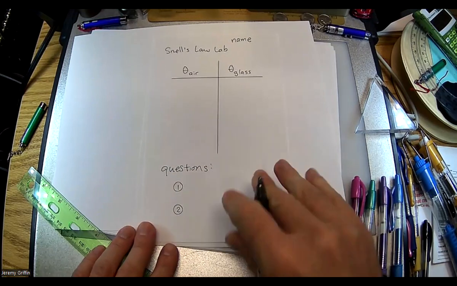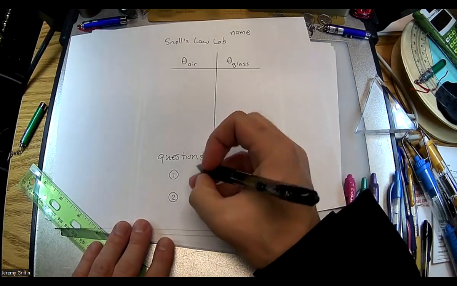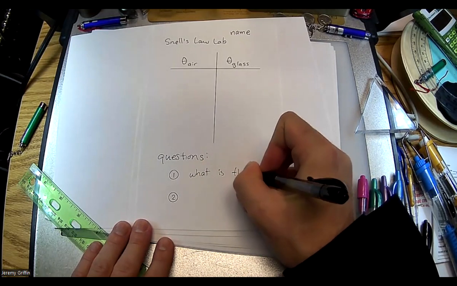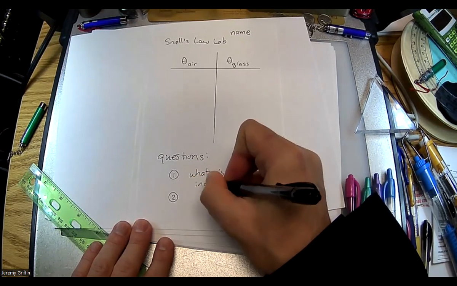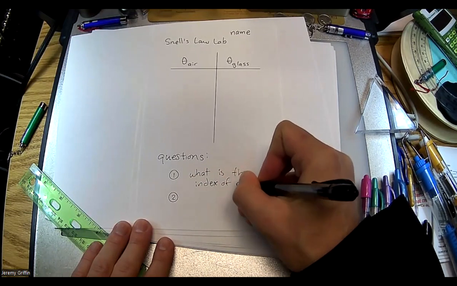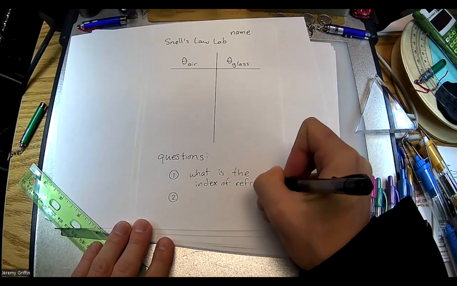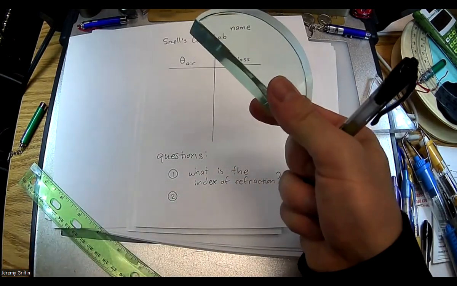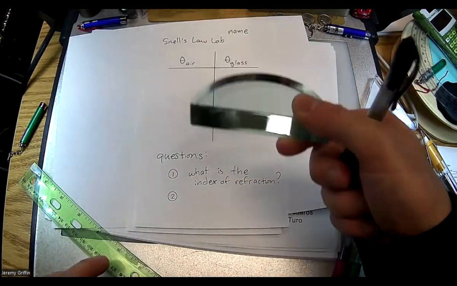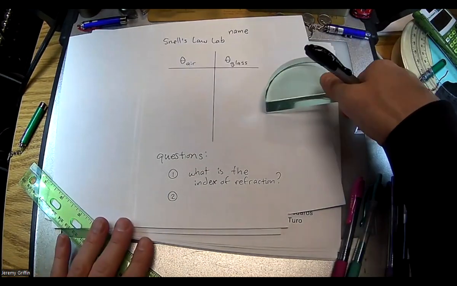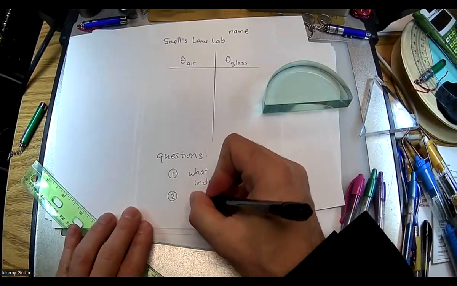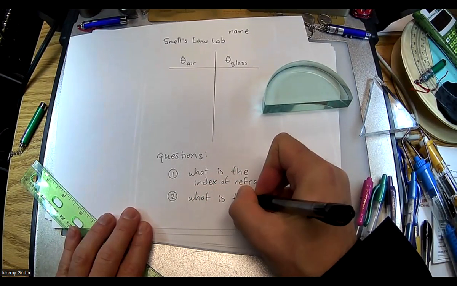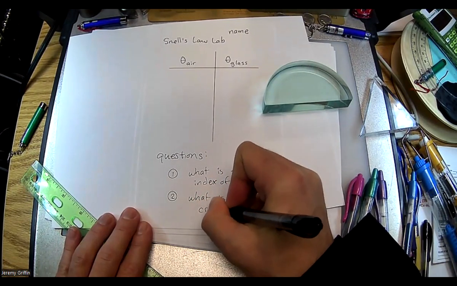I'll have you answer two questions. Question 1: what is the index of refraction of this glass? So how much does light slow down in this glass compared to air or vacuum? And question 2: what is the critical angle?